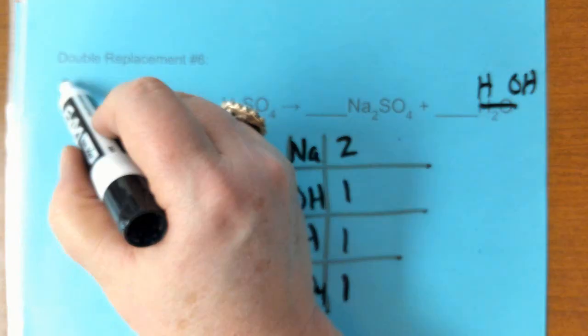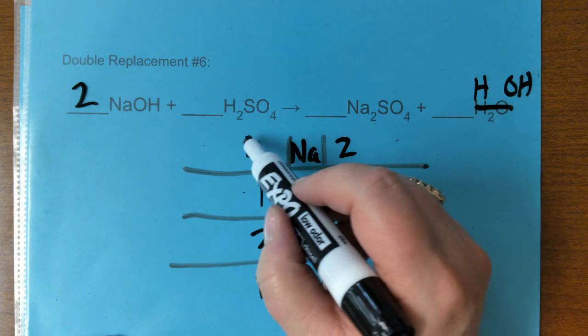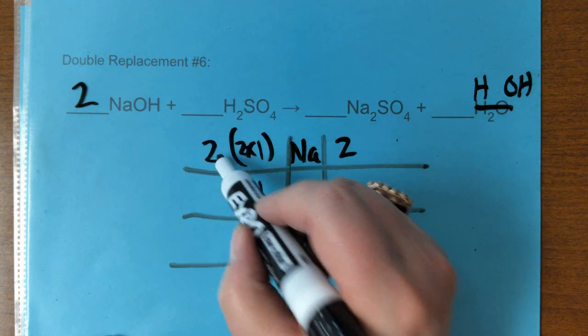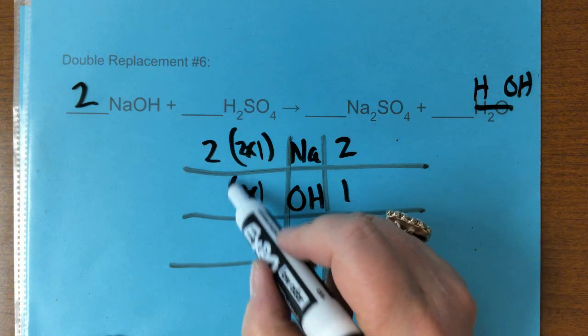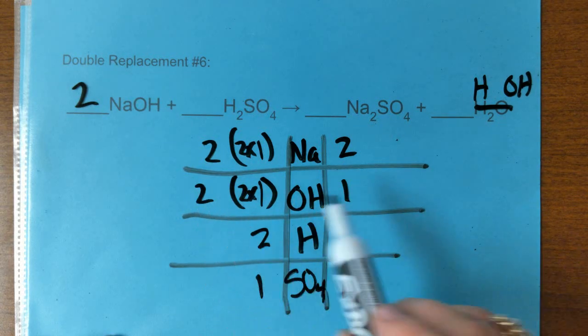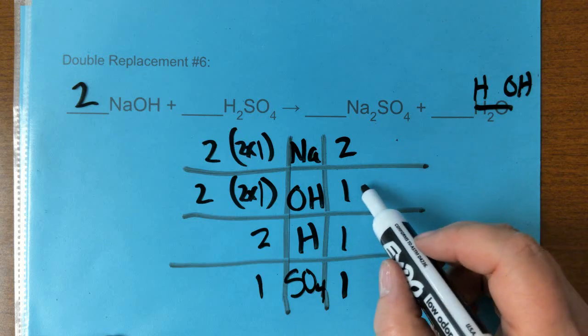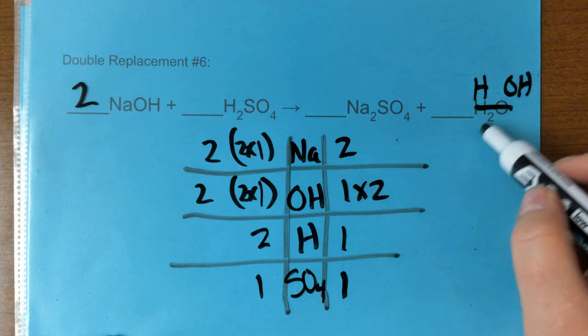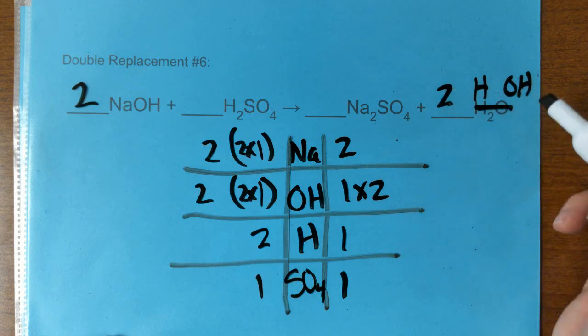I'm going to find sodium, put a 2 there. That changes sodium to 2, but it also changes hydroxide to 2. I need to get 2 hydroxides on this side. There's my hydroxide. I put 2 in front of there.